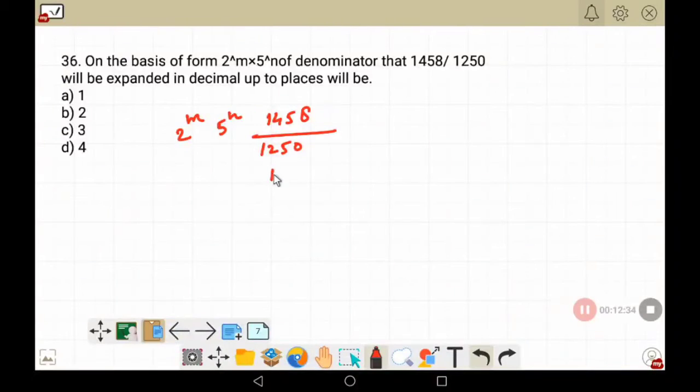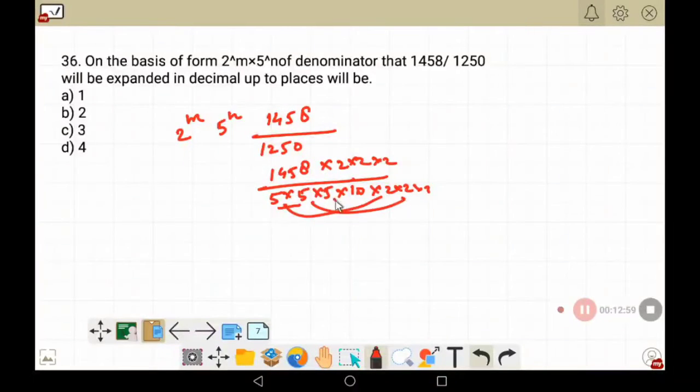Just factorize: 5 into 5 into 5 into 10. You need to multiply by 2 into 2 into 2, and here you will multiply 2 into 2 into 2. You will get 4 zeros here. 10, 10, 10, and one 10 is always there. So what will you have?